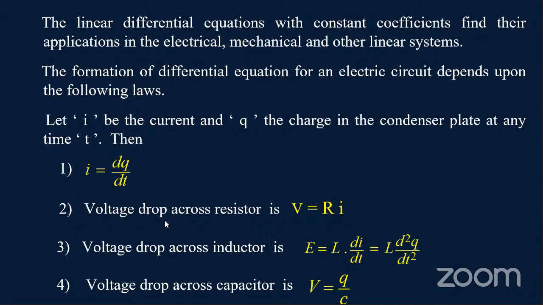The voltage drop across a resistor is V equals IR, or generally RI. The voltage drop across an inductor is E equals L into di by dt, where I is dq by dt, hence it can be taken as L into d square q by dt square. And the voltage drop across a capacitor is V equals Q by C.